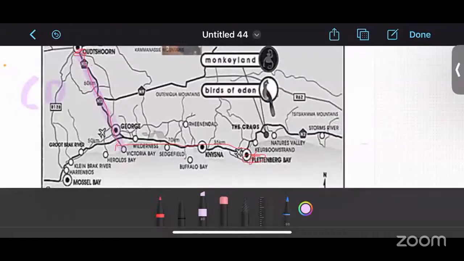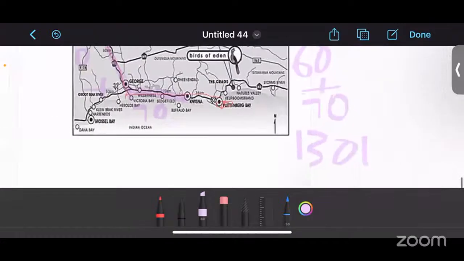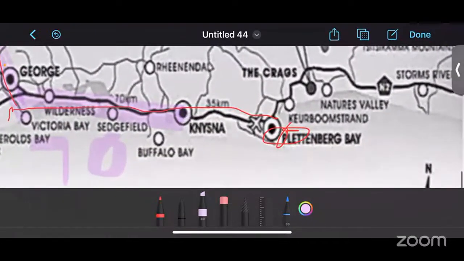And then from here to here, this distance over here, it's 70 kilometers. So if you add the two, 60 plus 60 plus 70, you'll get 130 kilometers, all right? That means they're going to be stopping here, and from here to here is 35, but that doesn't matter.